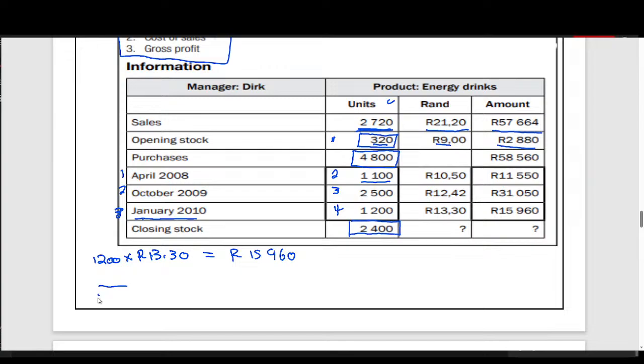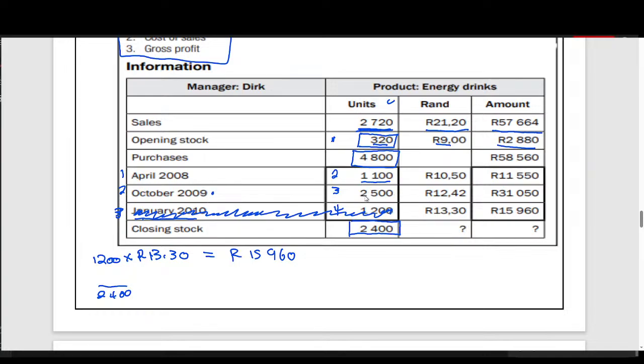Our goal is to reach 2,400. Meaning that we have cancelled what? January. We know that all of this stock is not sold. Okay? Now, which stock should we target now? Should we target April? Should we target the opening? No, we must target October.